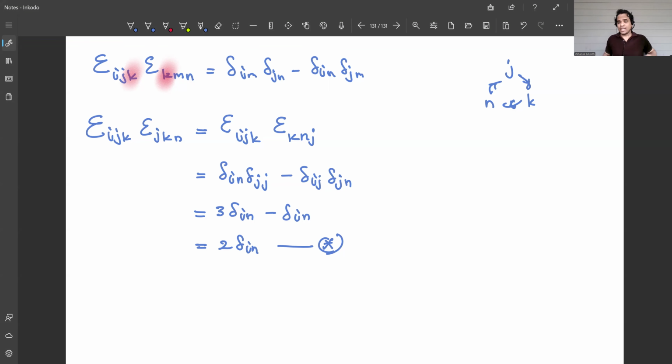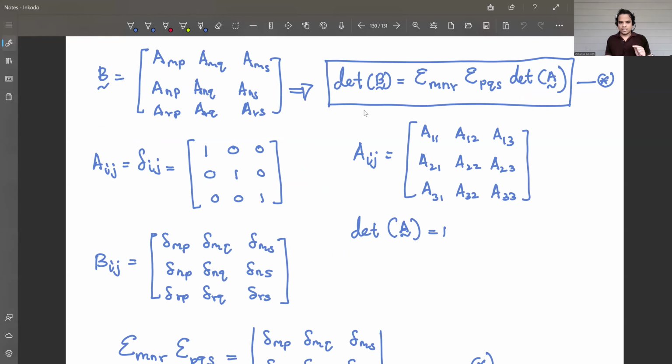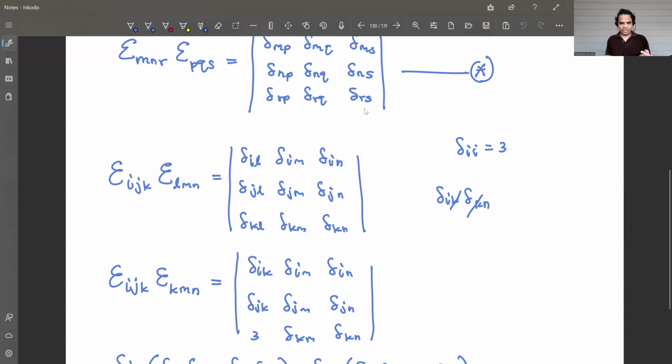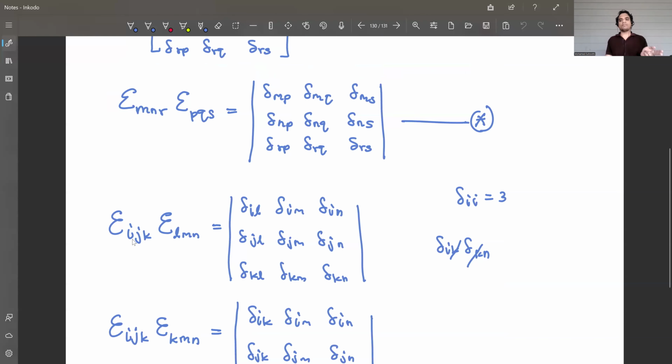First, we derived the identity between permutation symbols and the Kronecker delta. So this is the relationship, the first one. That means when you multiply two permutation symbols with completely different subscript indices, this is the equation.